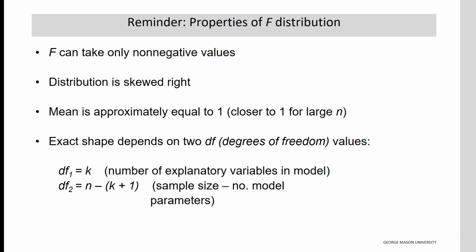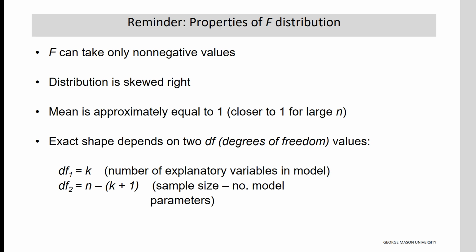So let's take a look at the properties of the F distribution. The F distribution can take only non-negative values. It is skewed to the right. The mean is approximately equal to 1, closer to 1 when the sample size is large, and the exact shape of the distribution depends on 2 degrees of freedom.